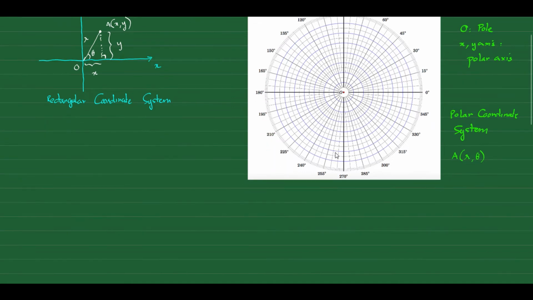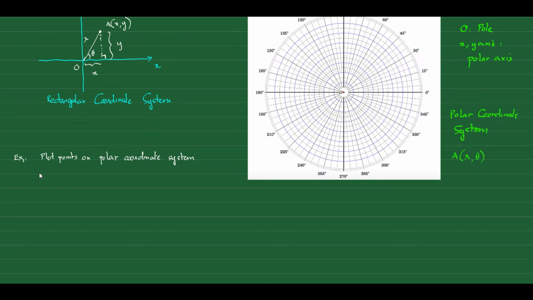Okay. Now in the first example, I just want to plot some points on the polar coordinate system. The points I want you to plot are the following.